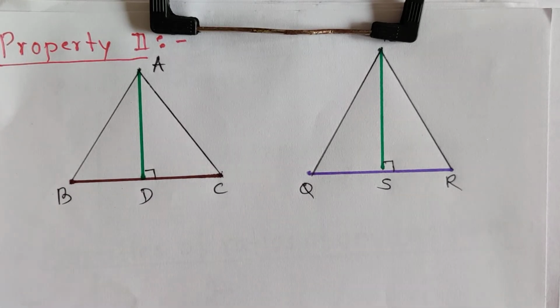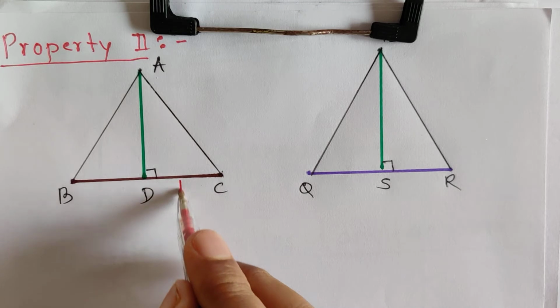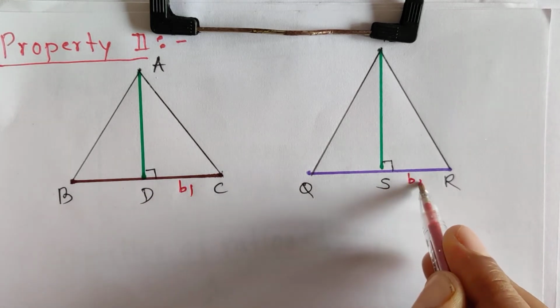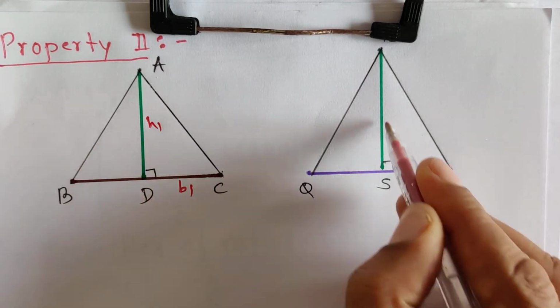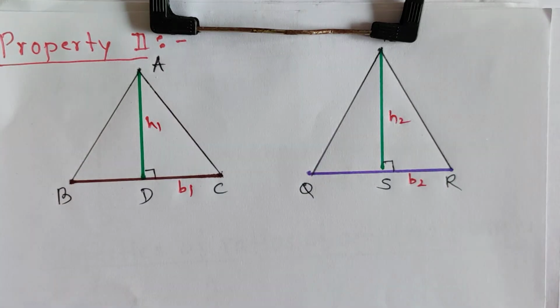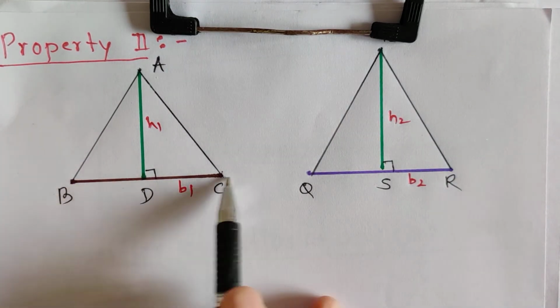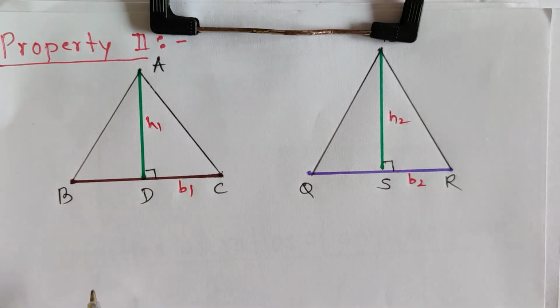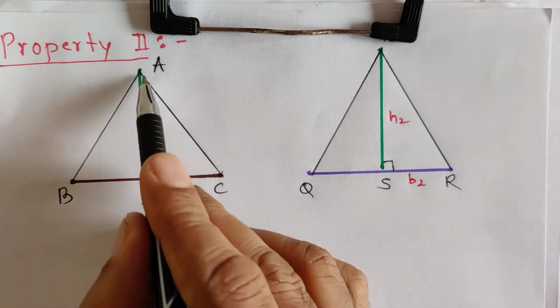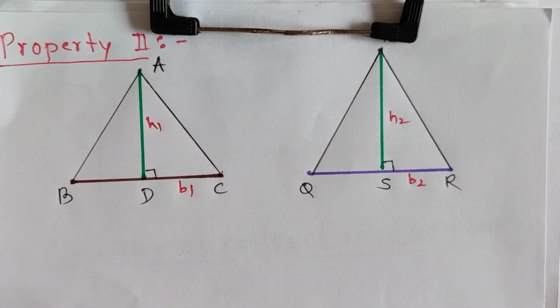If we observe these figures, suppose B1 and B2 are the bases of these two triangles and H1 and H2 are the heights of these two triangles. If we observe the colors, this base and this base have different colors, that means bases are different but heights are equal, means these are triangles of equal height.